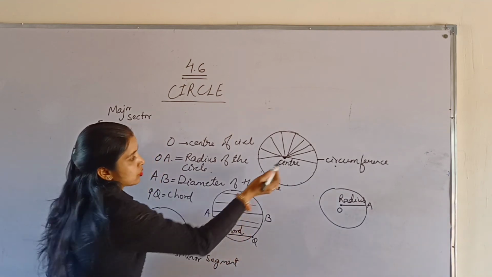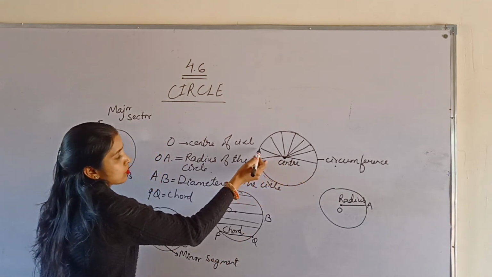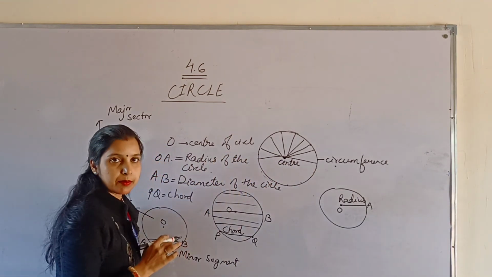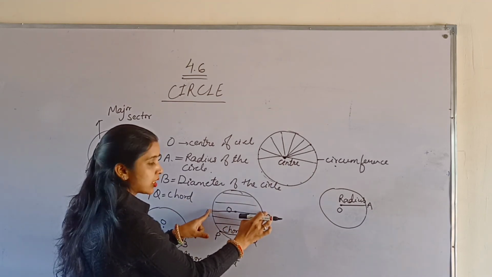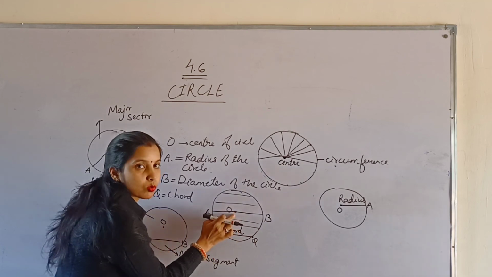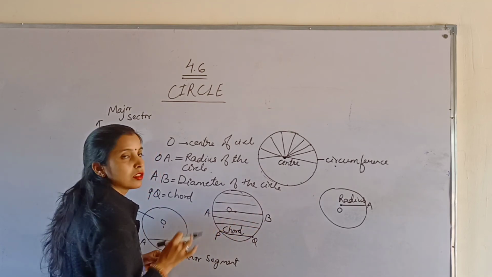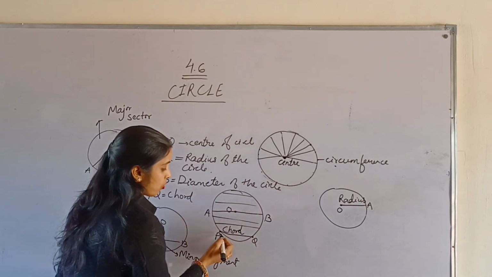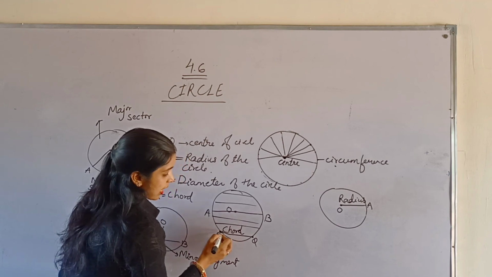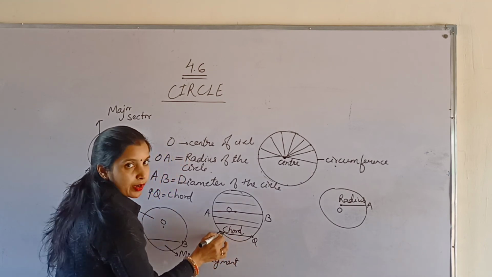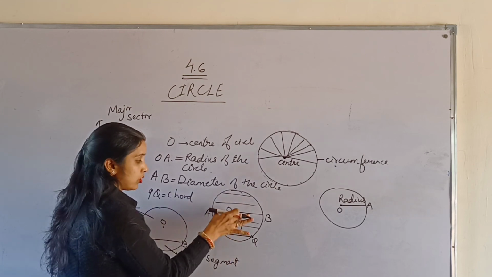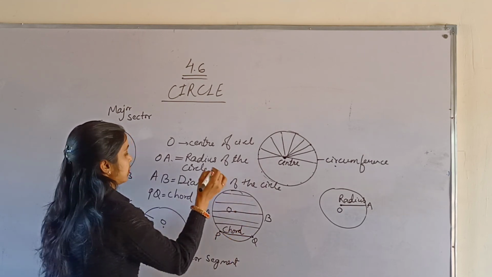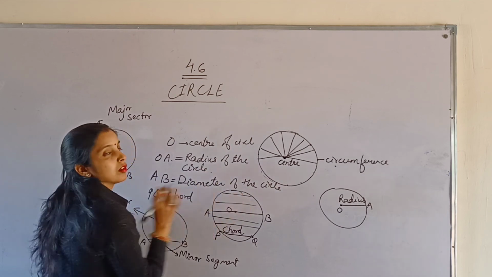When I draw this radius to the back side also, it becomes a diameter, or we can say the line touching the circle at 2 points and passing through the center is called the diameter. Any line touching the circle at 2 points is called a chord, so the diameter can also be said to be the longest chord.